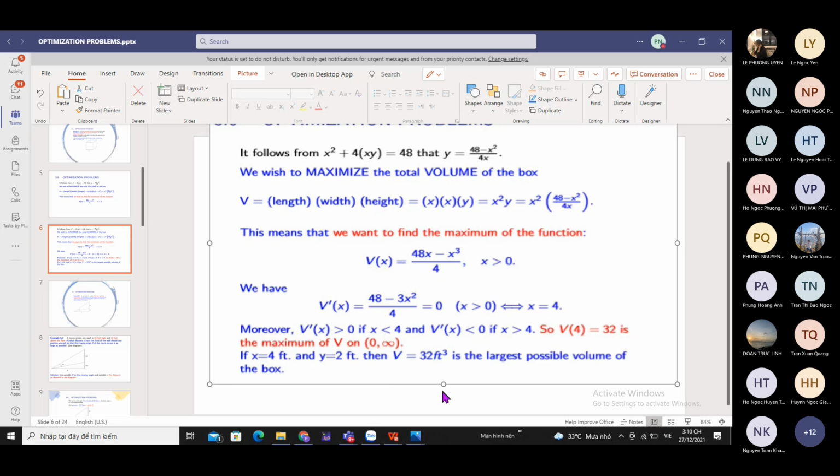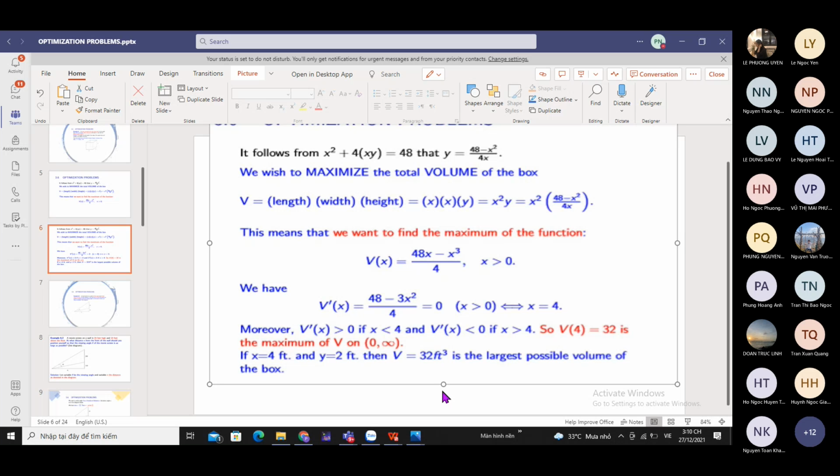So the key thing here is we create the function V. It gives you the volume of the box. And using the condition x squared plus 4xy equals 48, we reduce V to a function of one variable. Here V is a function of x only.